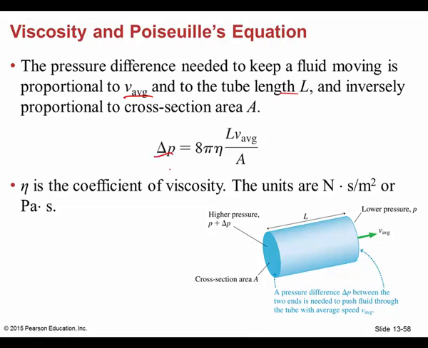So Poiseuille's equation says the change in pressure, delta P, is equal to 8 times pi times n, and n is the coefficient of viscosity, and the units are newton-seconds per meter squared, or poise, PA, or Poiseuille seconds, okay? Poiseuille seconds. PA is a symbol for his unit, okay?